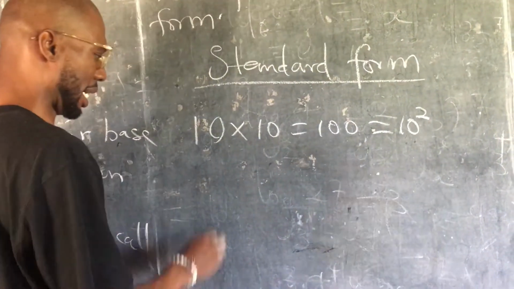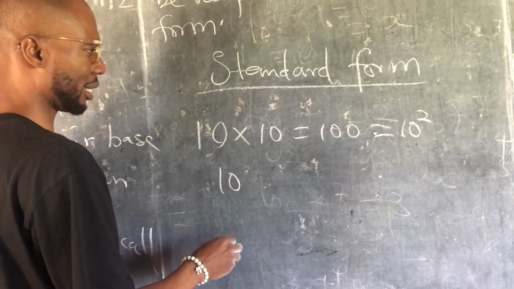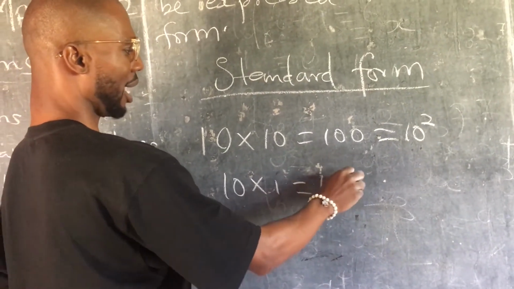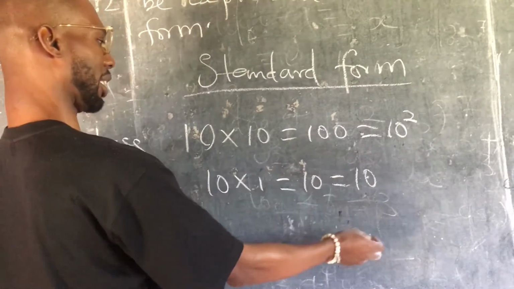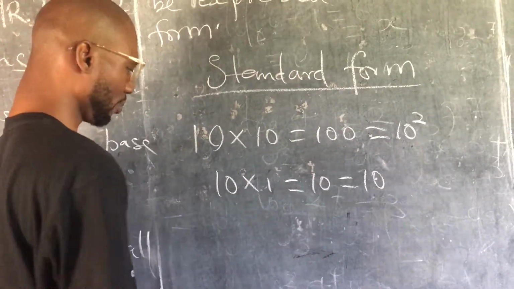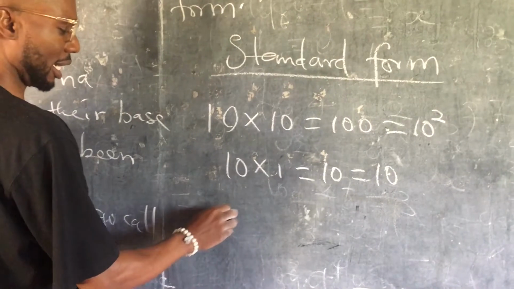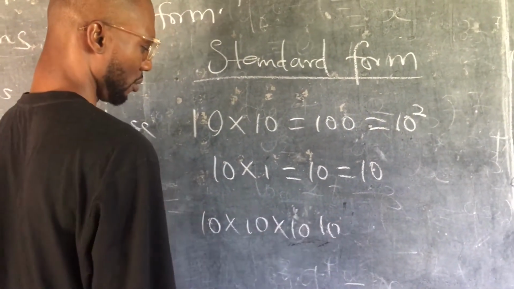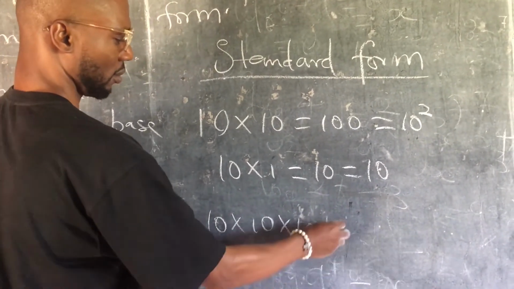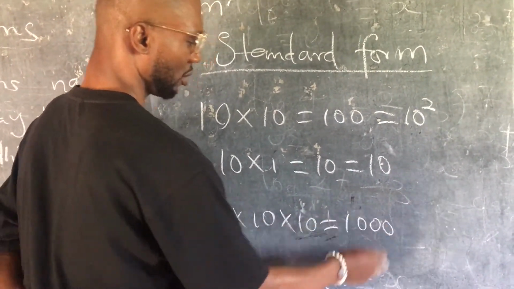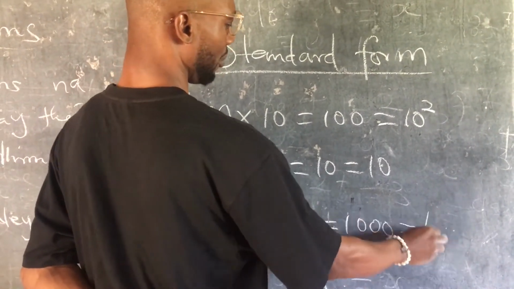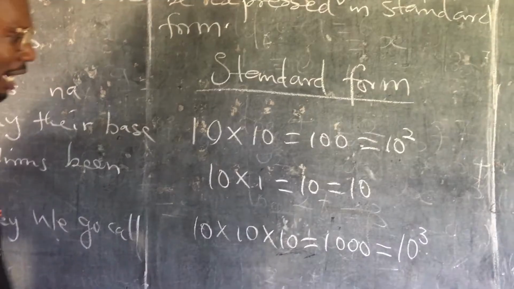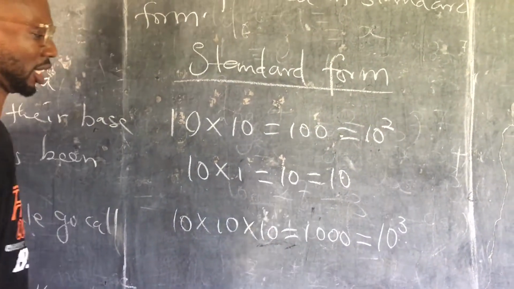If I take 10 by 1, I will call it 10, which is 10 raised to power 1. If I take 10 times 10 times 10, I will get 1,000, and I will call it 10 raised to power 3.